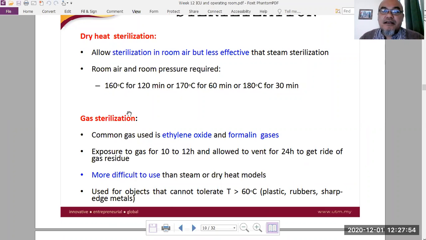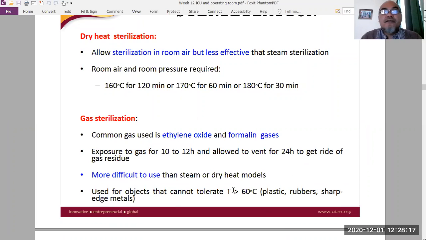Gas sterilization is used for objects that cannot tolerate temperatures higher than 60 degrees, for example plastic, rubber, and sharp-edged metals like the precision surgical knife itself. Because if you heat it up too hot, there might be deformation.